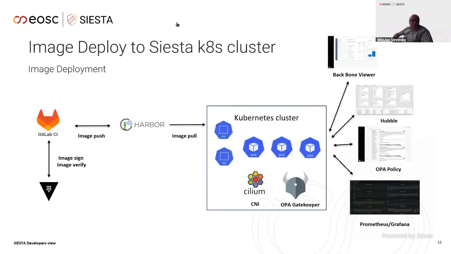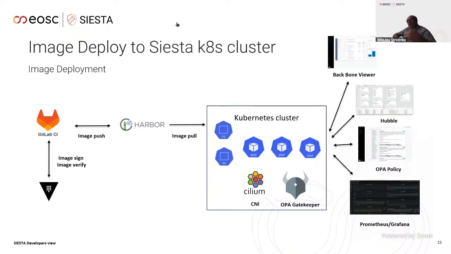And then we are coming to the deployment. Of course, you are deploying the images which you previously built, secured, signed and stored in Harbor as the one source of serving images for the projects. And then we have Cilium for the networking. Cilium network policy is one of our guards inside the platform. And there is also OPA Gatekeeper.